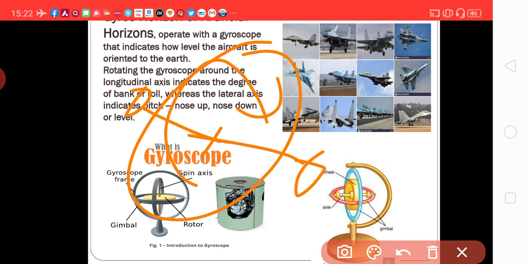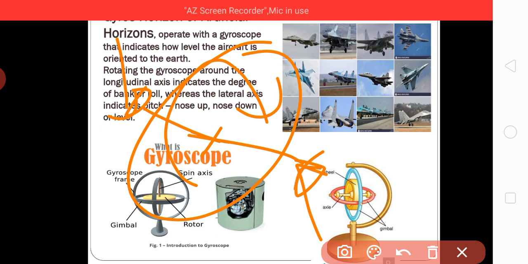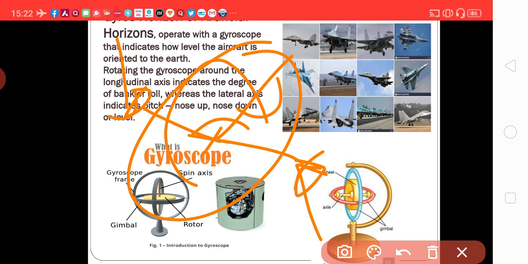When it is rotating at a sufficiently high speed, try to turn it. You will find a very significant phenomenon taking place here. When you try to turn it by applying a couple like this, its effect will come just 90 degrees after that. You want to topple it horizontally, keeping this axle vertical.